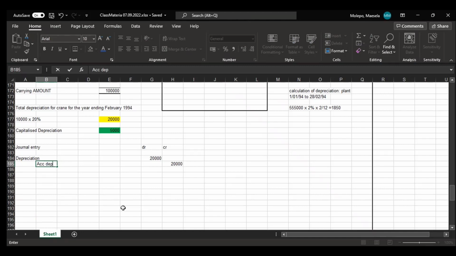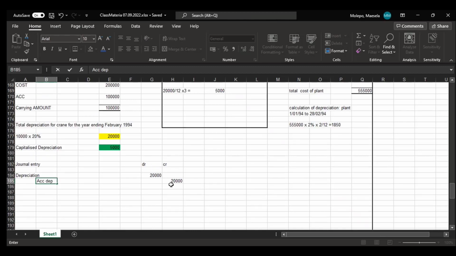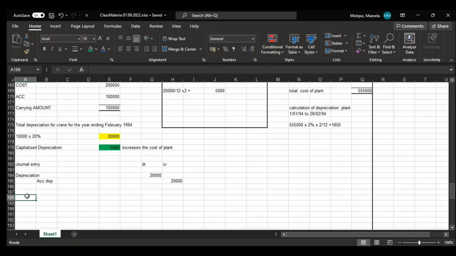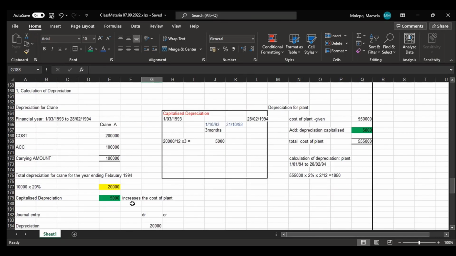And then we have the plant, the one which was capitalized. Remember, this increases the cost of plant. So in the journal, on the debit side, you will put plant because the plant is increasing, and it increased by the depreciation capitalized, which we calculated as 5,000.